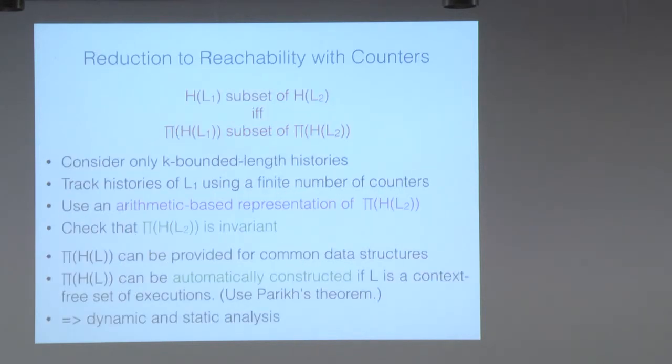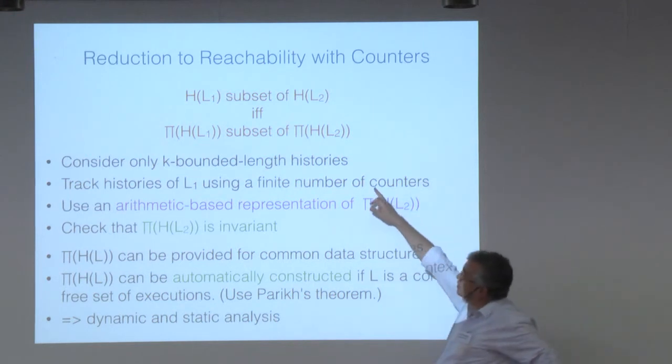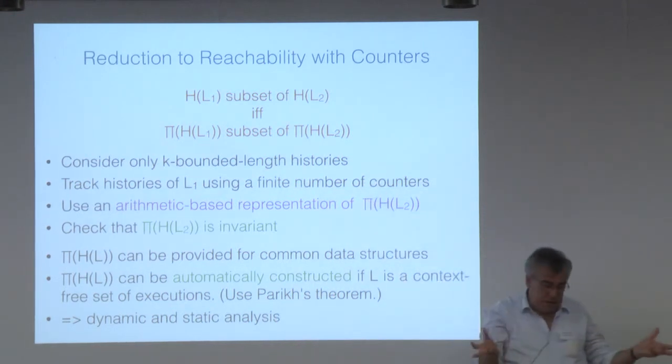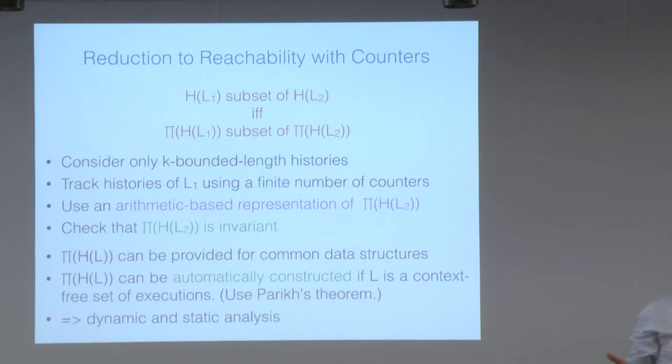Now, we have reduced this history inclusion to inclusion between multisets. So given that we consider only k-bounded length histories, you can now have a finite number of counters, and you can track, let's say that you are doing monitoring, okay? So you are looking at your trace.